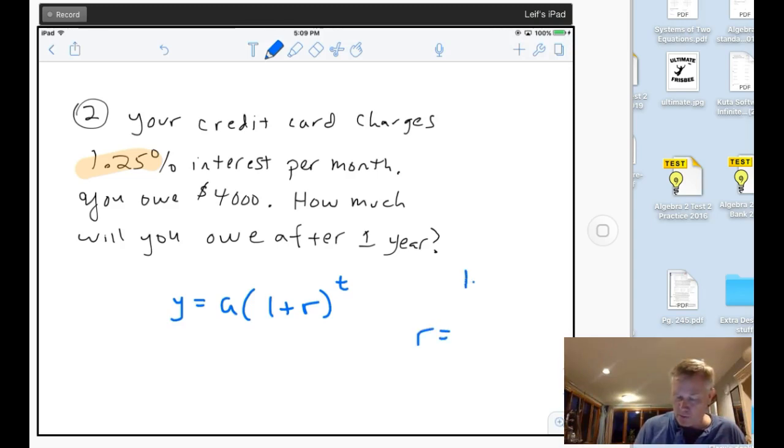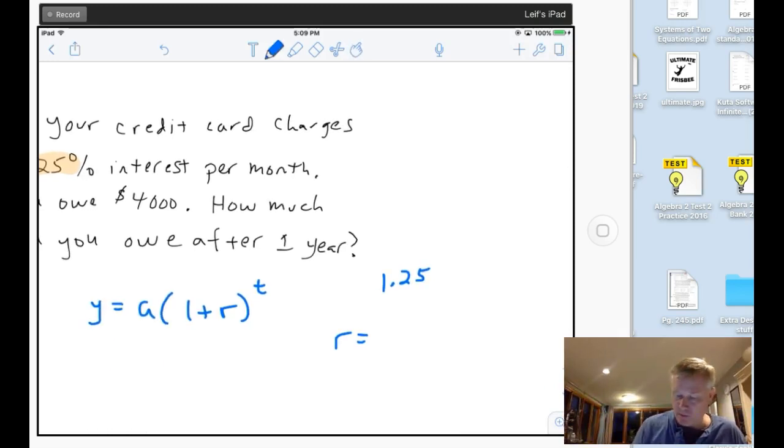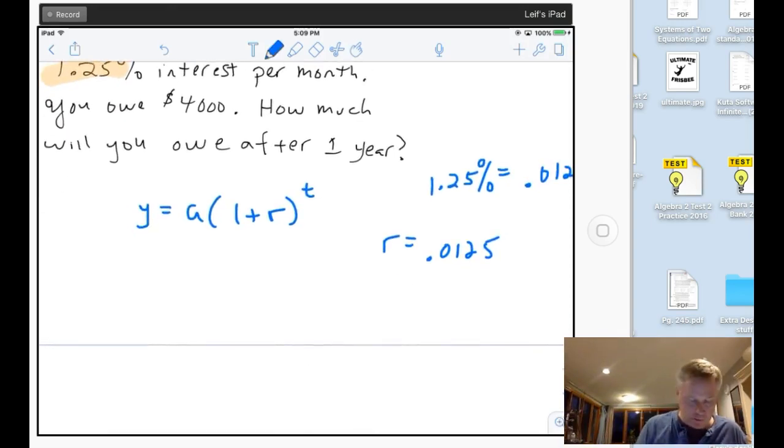So remember, to go from percent to decimal, you must divide by 100, which makes 1.25% into 0.0125. You can also move the decimal point 2 to the left. A is the initial amount, which is $4,000. And t is 1 for 1 year.